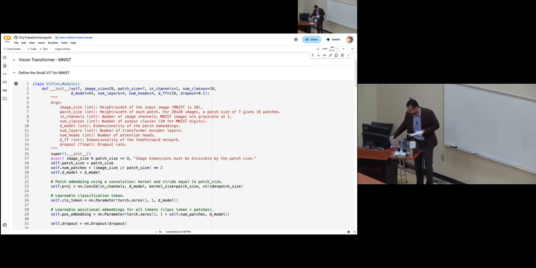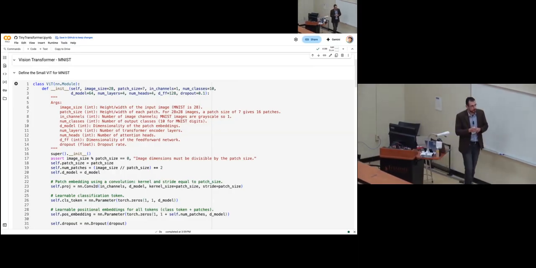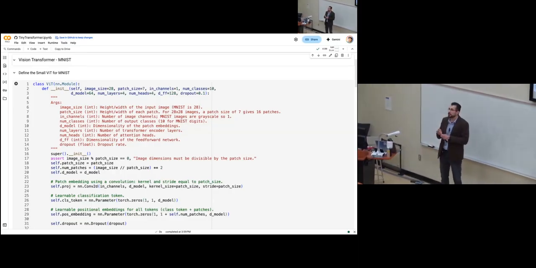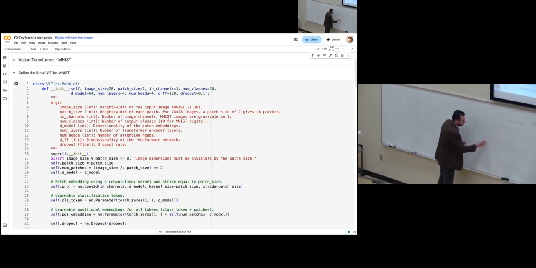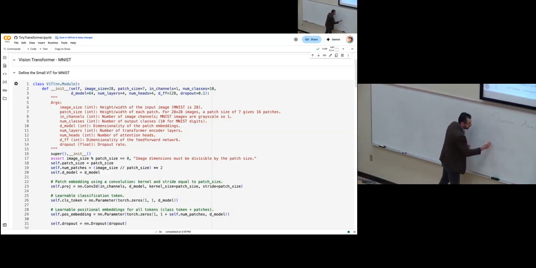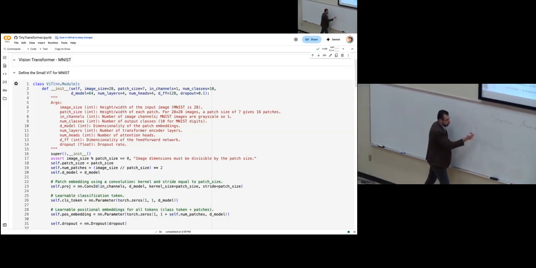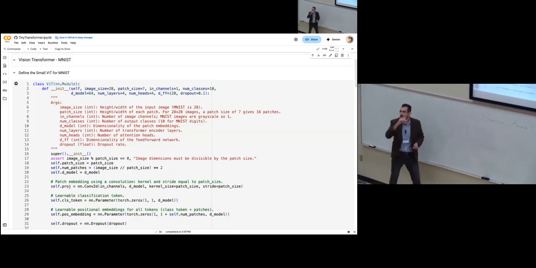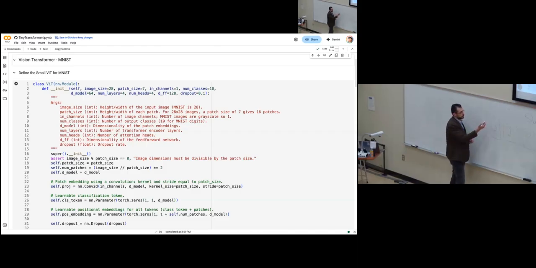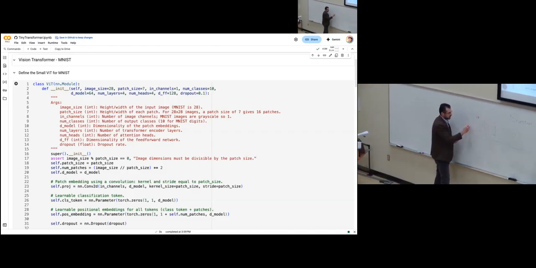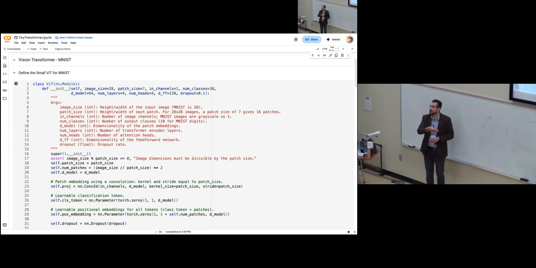So MNIST is the handwritten digit recognition example that we were seeing this morning. It's simply different digits like 0, 1, 2, and so on to 9. This is the handwritten digit recognition data set. Each one of these images is 28 by 28 pixels, and they are grayscale images.